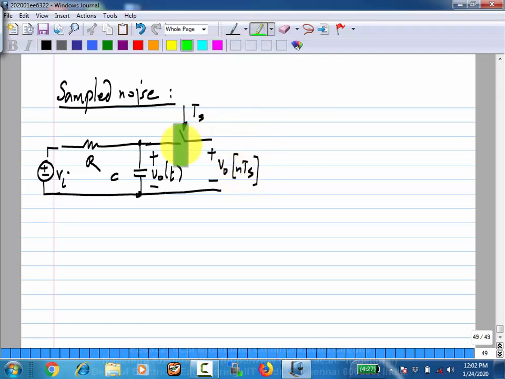I am not getting into the sampler implementation now, but essentially I am looking at samples of this V0 of t and what will be the spectral density of the sampled noise.